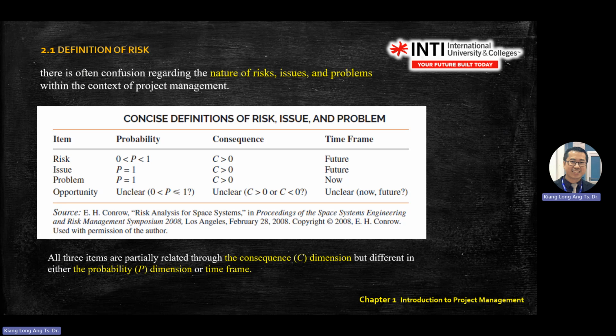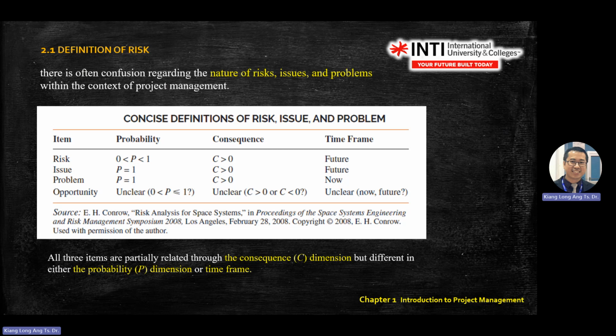Risk is a function of probability and consequences. So if your probability is between 0 and 1, and the consequences is more than 0, means it can happen, or consequences is there, right? More than 0, positive value. And the time frame is in the future, then it falls under the risk definition.